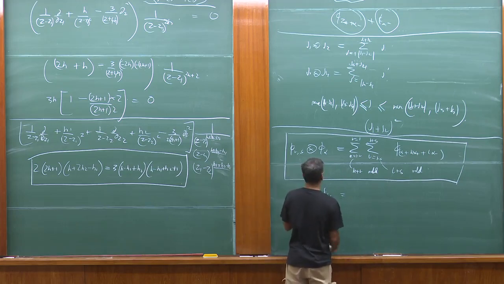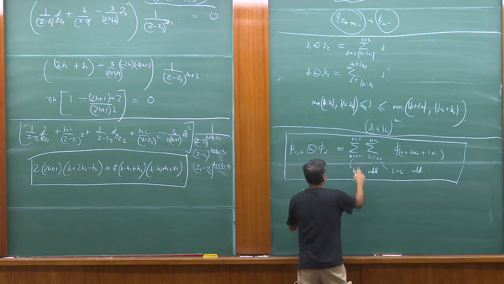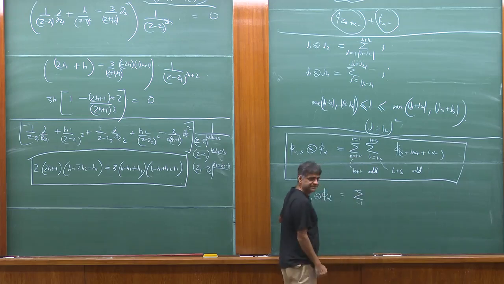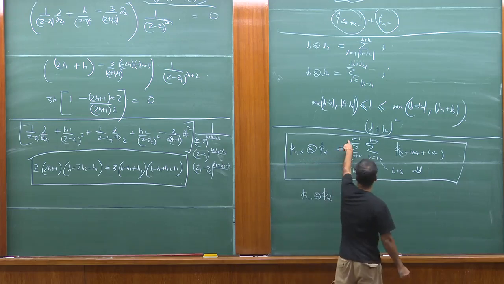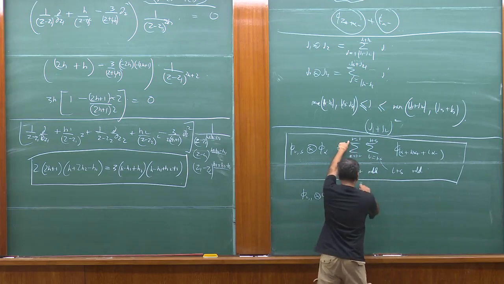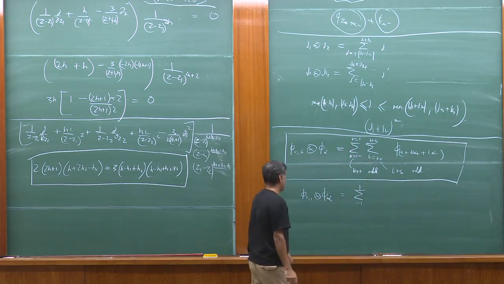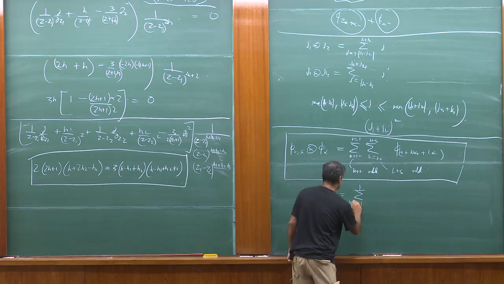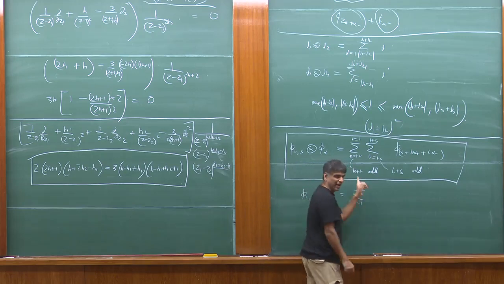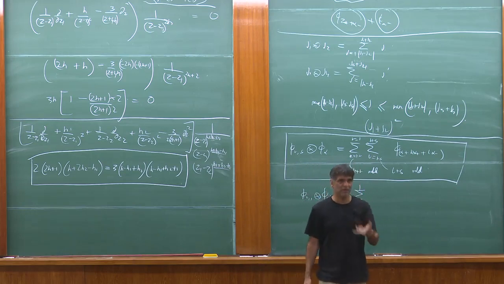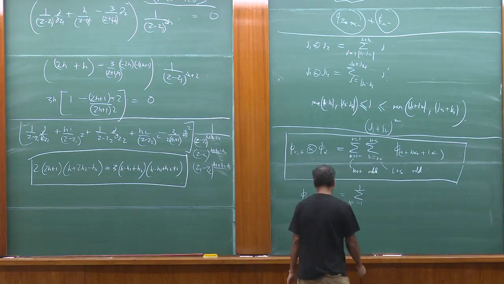So r is 2, so k starts at 1 minus 2, so minus 1, and it ends at r minus 1, so 1. Okay, k is equal to minus 1 to 1. So basically there are two values for k. k is minus 1 or 1.